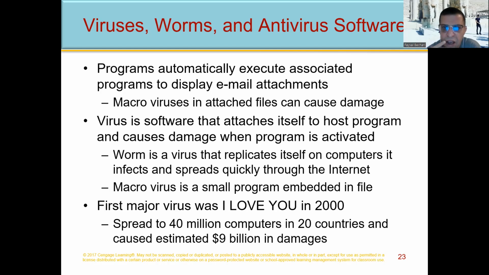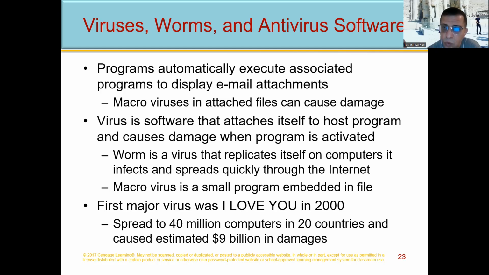A virus is software that attaches itself to a host program and causes damage when the program is activated. I remember we got this problem, the I Love You virus, in 2000 from one of the regional managers. A macro virus is a small program embedded inside a file.